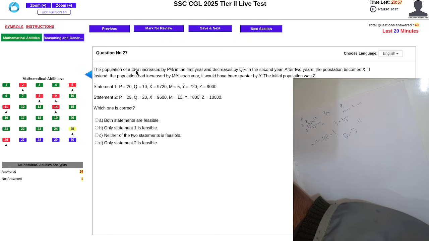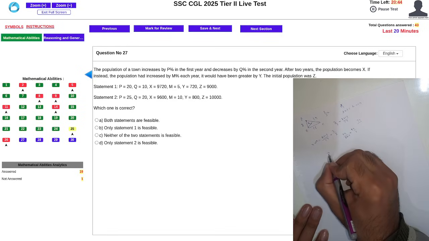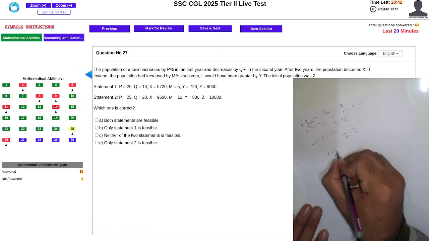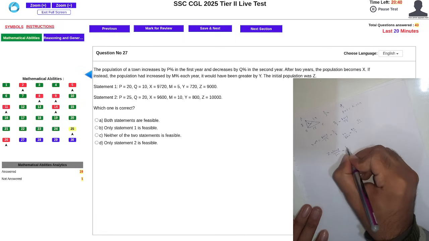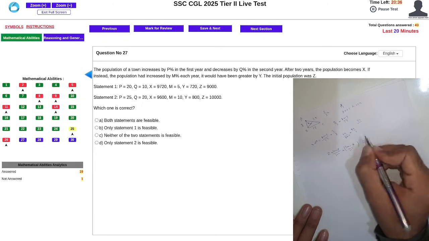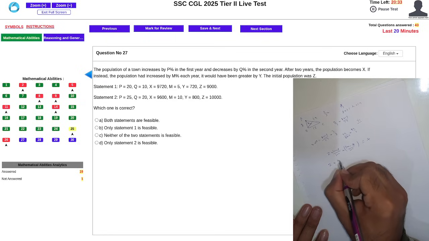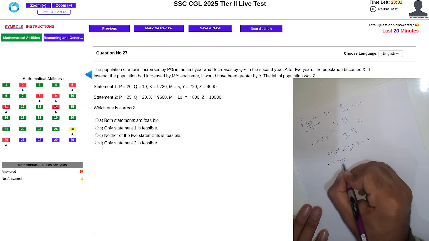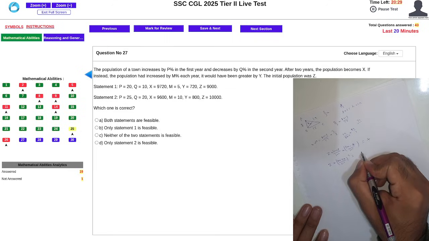The population of a town increases by 10 percent in the first year and 20 percent in the second. After 2 years the population becomes X. If instead each year it would have been, x into 100 plus P upon 100 into 100 minus Q upon 100 is to X. x into 1 plus M upon 100 whole square is equals to, it would have been greater by y.